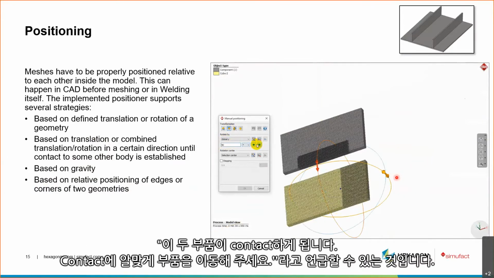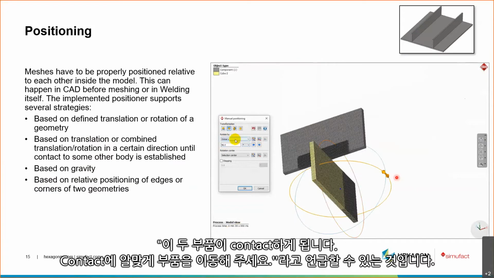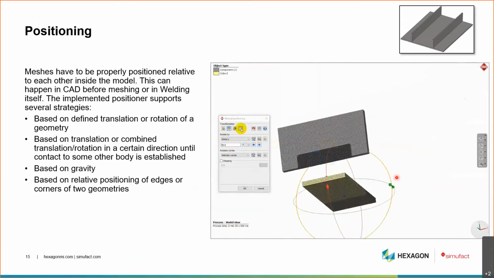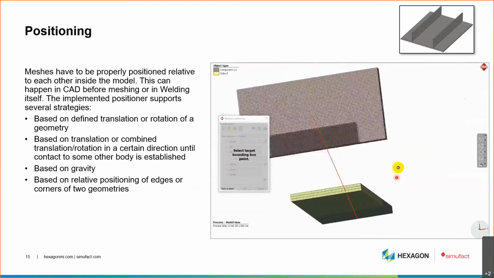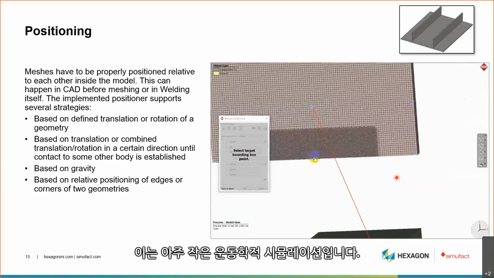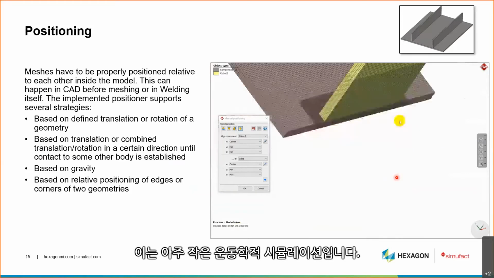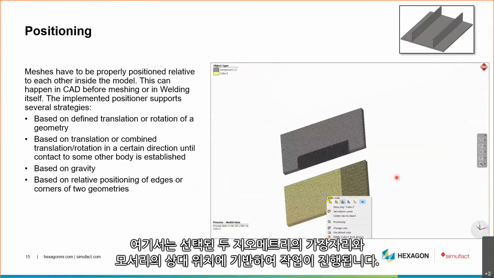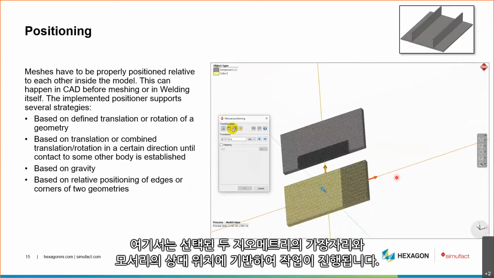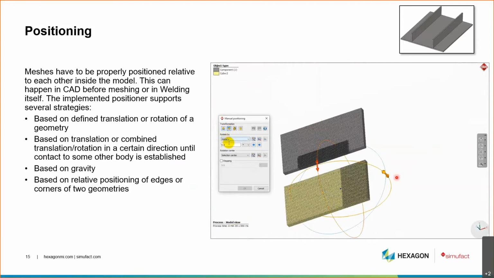So basically, it is possible to say those two parts are going to be in contact, please move them accordingly. This can also happen based on gravity. Then this is a real small kinematic simulation which is happening there, or based on relative positions of edges and corners of two selected geometries.